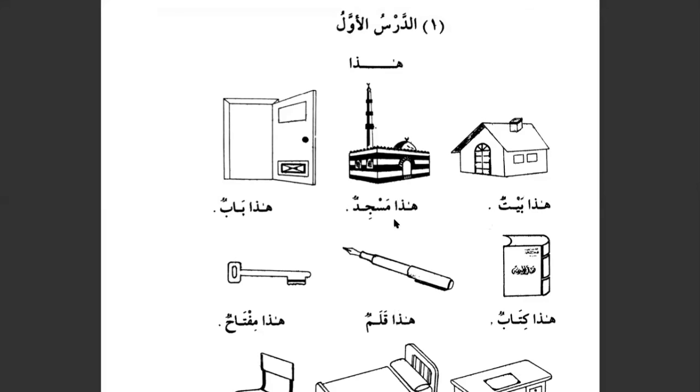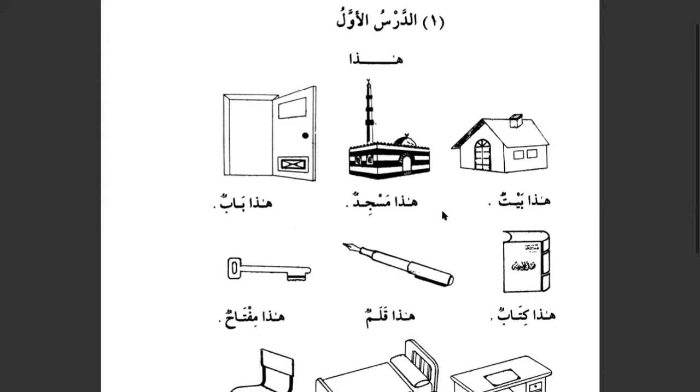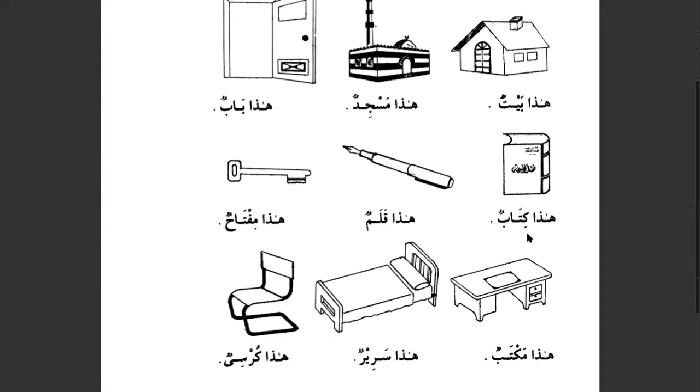هذا مسجد. Yes. This is a masjid, a mosque. Yeah, a masjid, mumtaz. And then the next one. هذا باب. This is a door. هذا كتاب. This is a book. Mumtaz. هذا قلم.